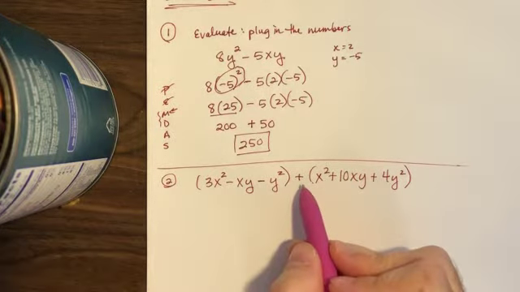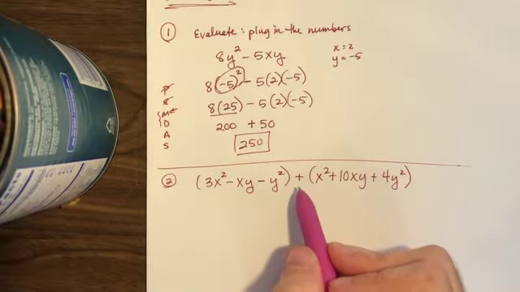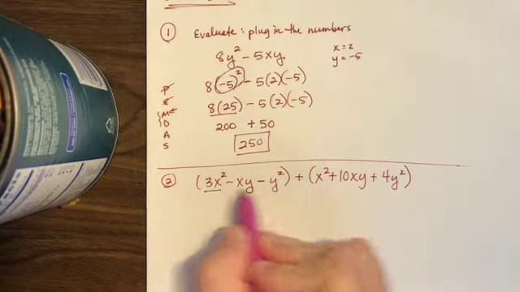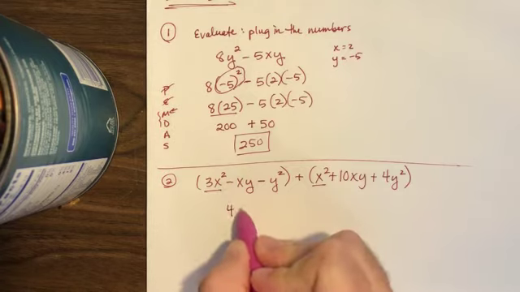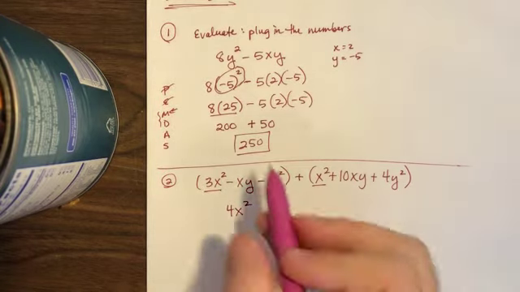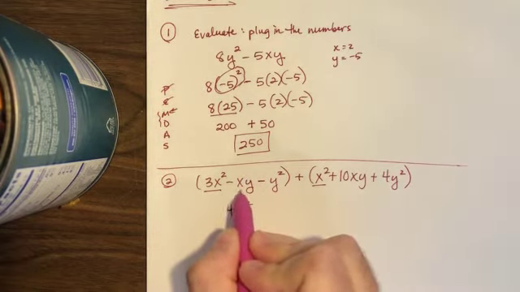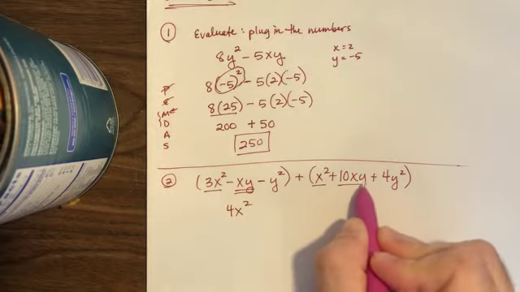If you remember, adding polynomials means combine like terms. We've got to find the like terms. 3x squared and x squared are like, so they add to give you 4x squared. Boom. Done with those.